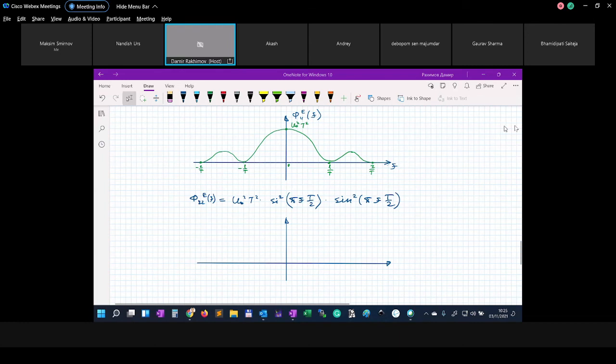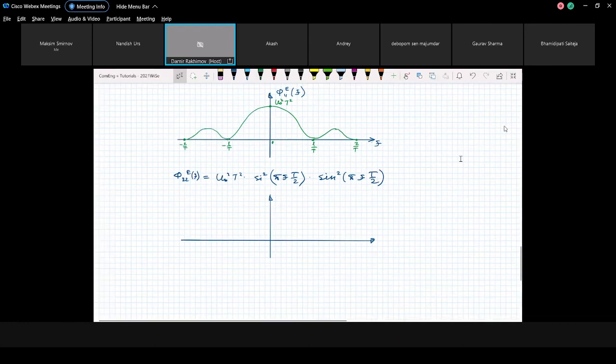So, and 2 by t. Probably I have to make it even wider.